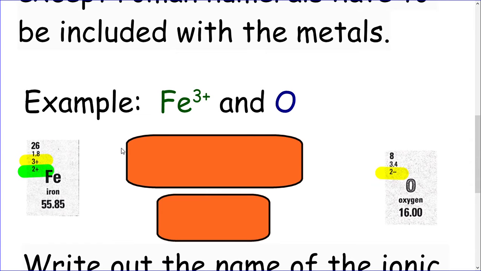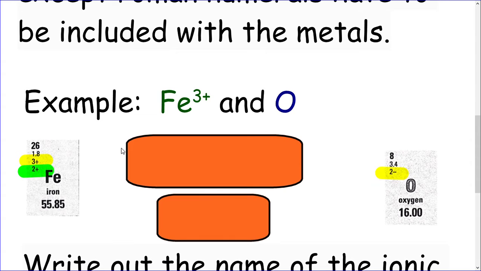So iron could actually have two separate charges. If you look at the legend up on the top, we have the most common ion charge in your periodic table, and the other one says other ion charge. So transition metals sometimes can have more than one charge.